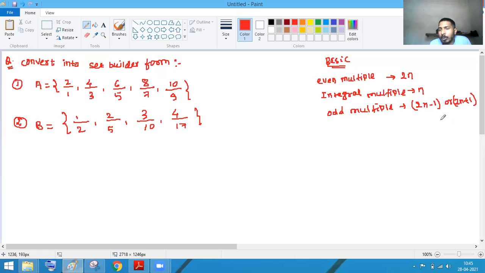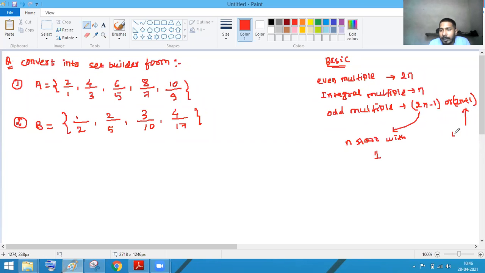So when do we take the 2n minus 1 one, or when do we take the 2n plus 1 one? We can take the 2n minus 1 one when your n starts with 1. I'll take 2n minus 1 when n starts with 1. And when will we use this 2n plus 1?